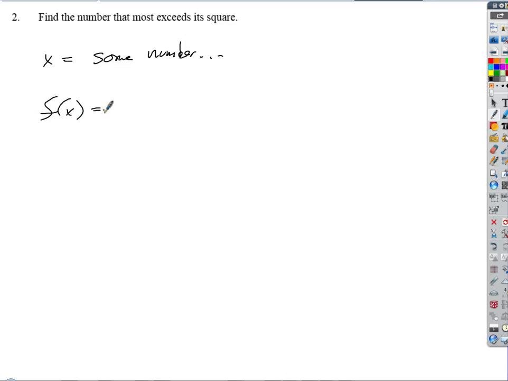Most exceeds its square, so how am I going to write that? Right, that's the most, meaning the most bigger than its square. So we want to know when this function, x minus x squared, is maximized.